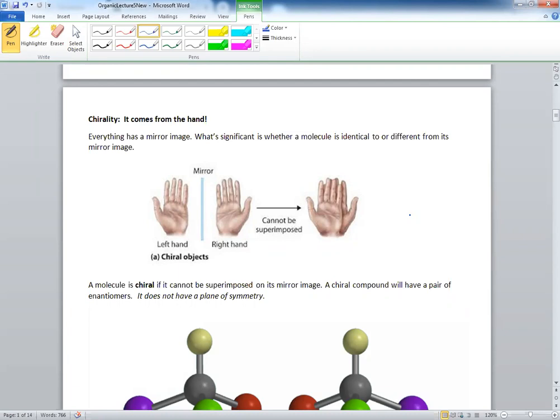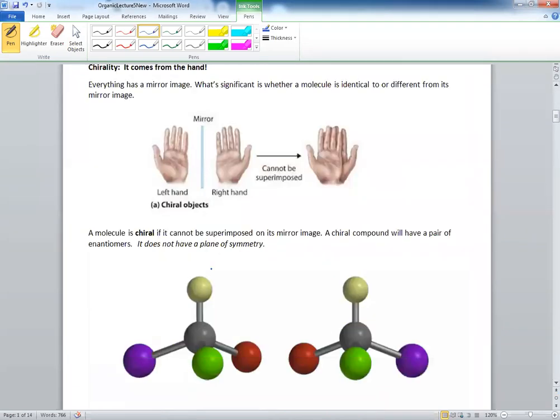So these are mirror images of each other, left hand and right hand. Look at the mirror in the middle right here, but they cannot superimpose. We want to keep in mind this idea that they cannot superimpose. So that's what we call a chiral object. A molecule, just like the hands, can be chiral if it cannot be superimposed.